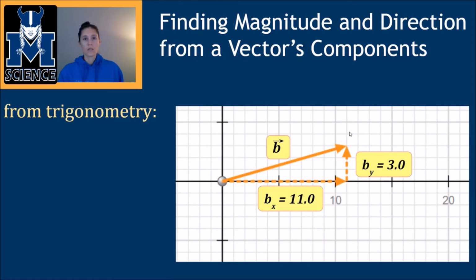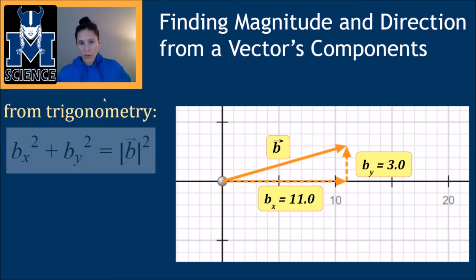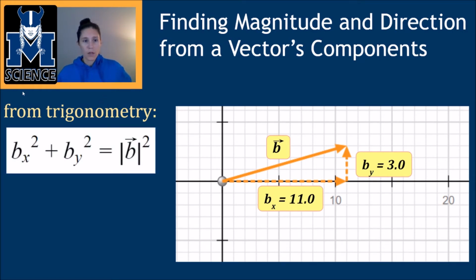There also might be a time when you know the x and y components of a vector, and I ask you, what's the magnitude and direction of that vector? So we're also going to use knowledge from trigonometry. The Pythagorean theorem tells us that the square of both sides, if you add those together, is going to equal the square of the hypotenuse.